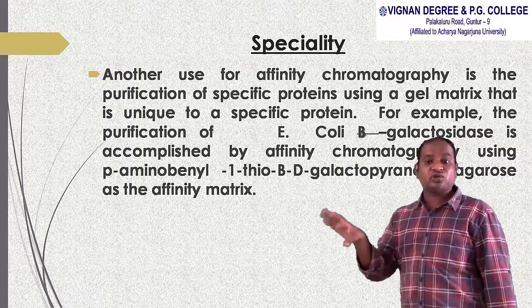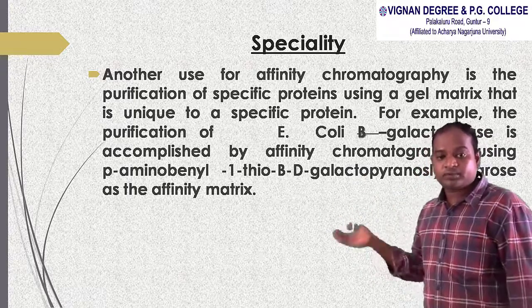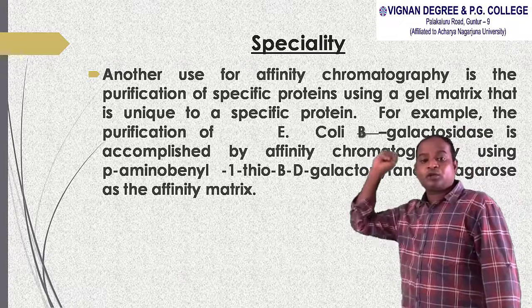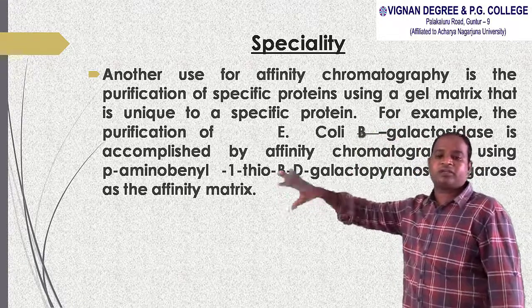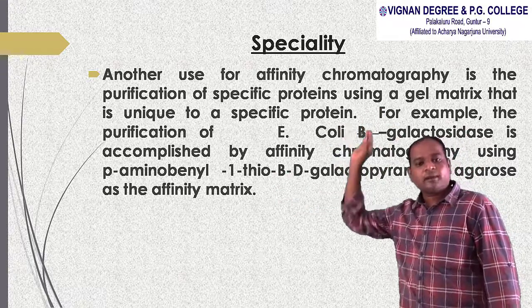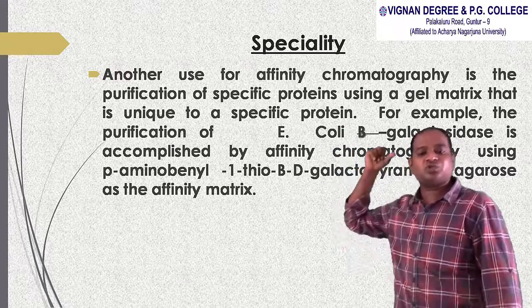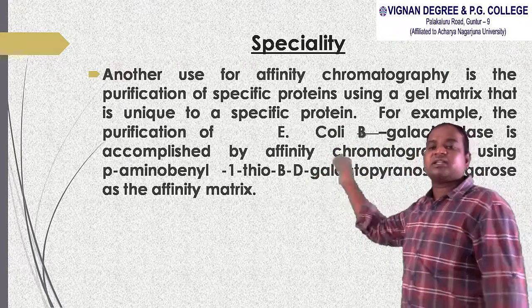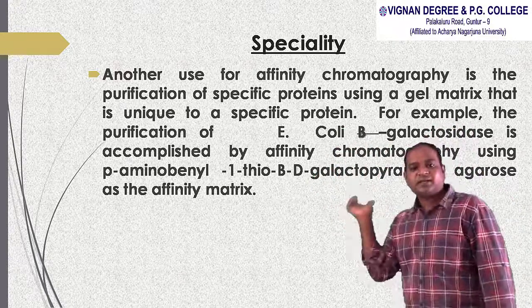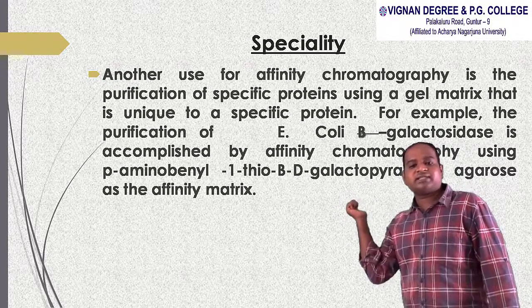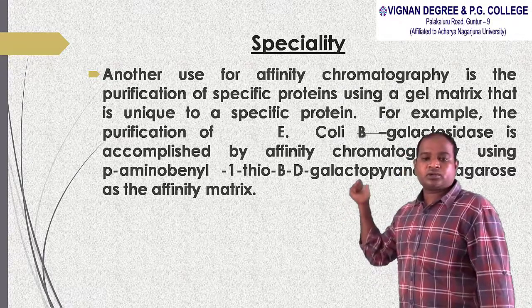But in this technique, you do not have that problem. The ligand is specific for that molecule; it will bind only that molecule and not another one. That is biospecificity, which we use as the principle in this chromatography technique.